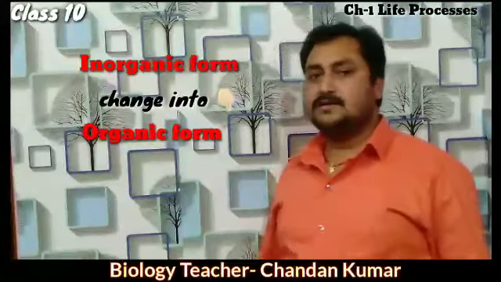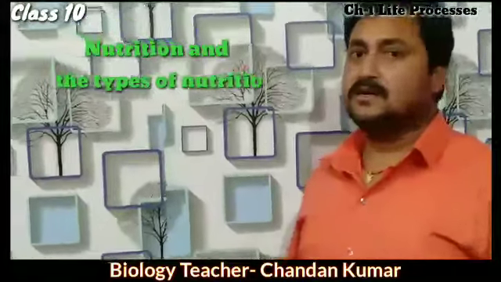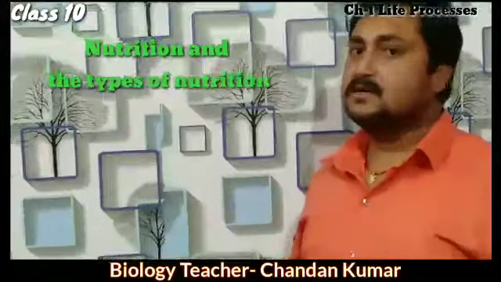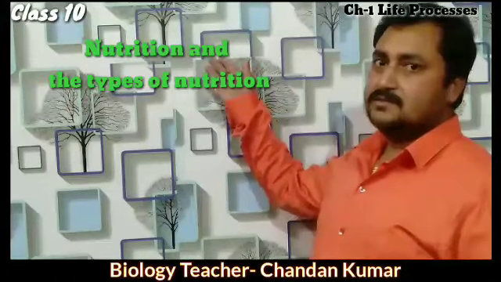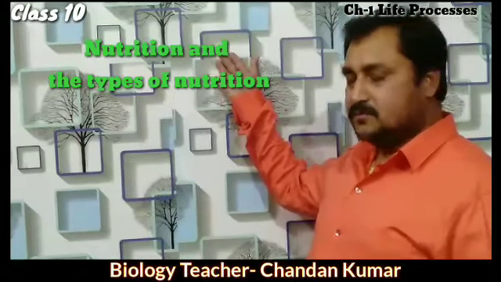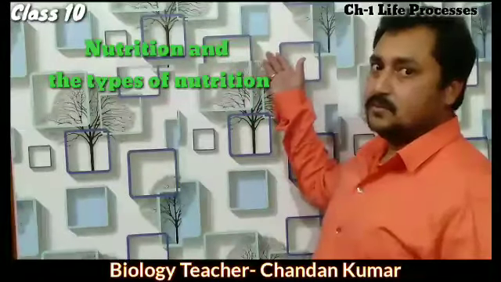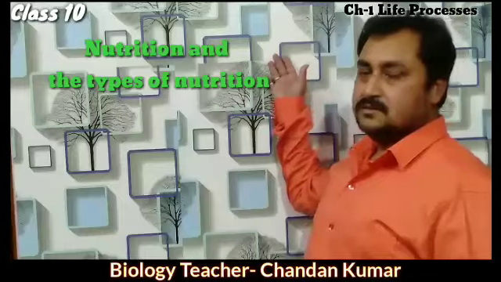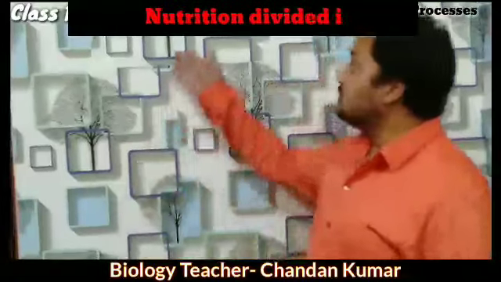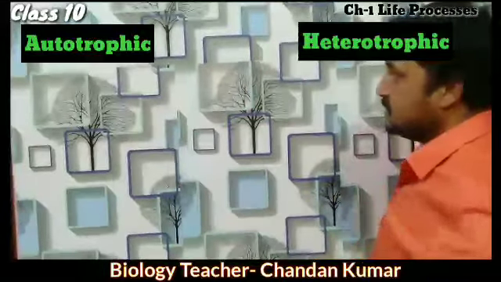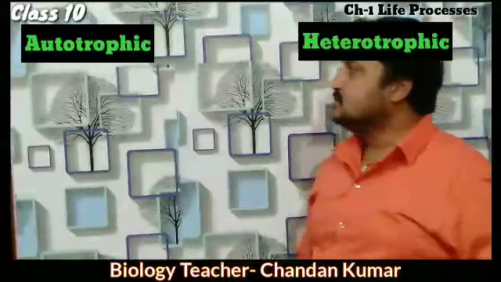Here I discuss with you nutrition and the types of nutrition. Nutrition is a process during which any organism obtains food and gets energy for the regularization of their physiological or life processes. Nutrition is divided into two types, autotrophic and heterotrophic. Autotrophic nutrition takes place in plants. Why?